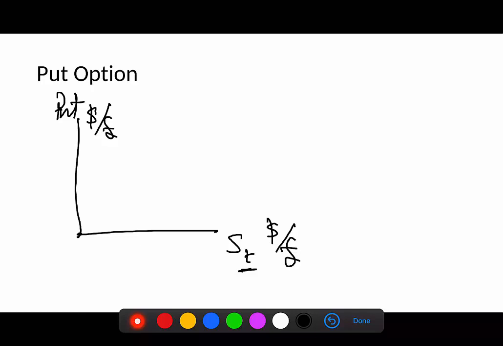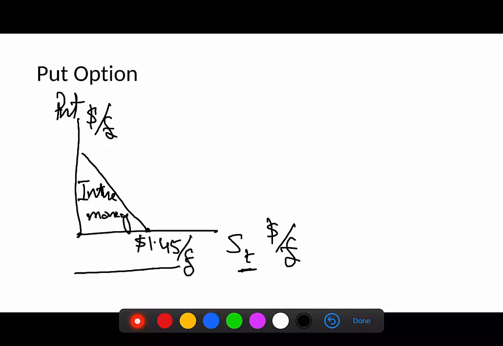If the strike price is, I'm going with the same example, 1.45 per pound, then at this level of 1.45, anything on the left-hand side, the buyer of the put option contract is in the money. So in the FX market, if the rate is below that, remember the rate is going lower over here.